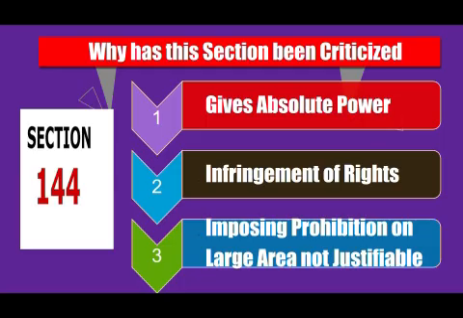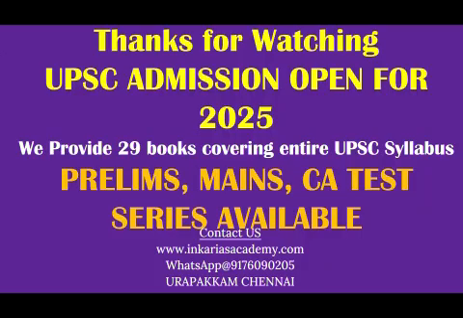So these are the main criteria on which it has been criticized. It gives absolute power, there is rights infringement, and imposing prohibition on a larger area will affect so many people. So this is the criticism about Section 144. Thank you so much.